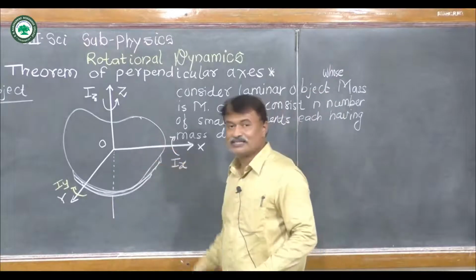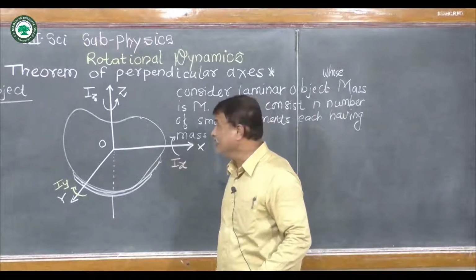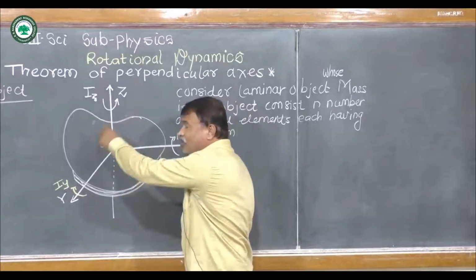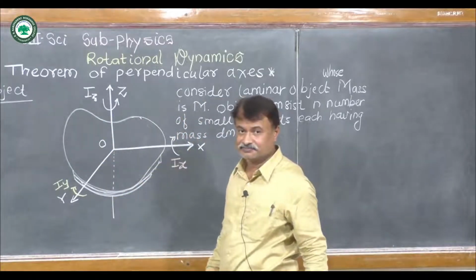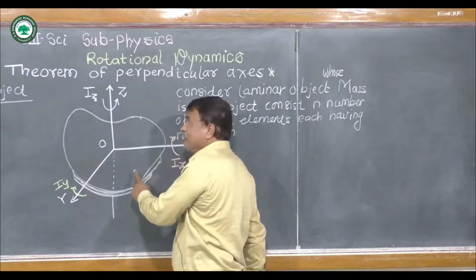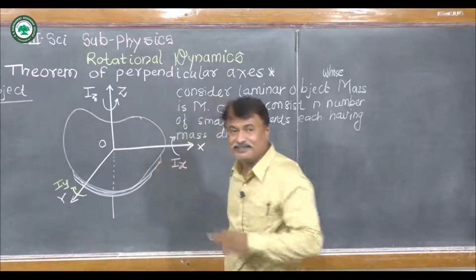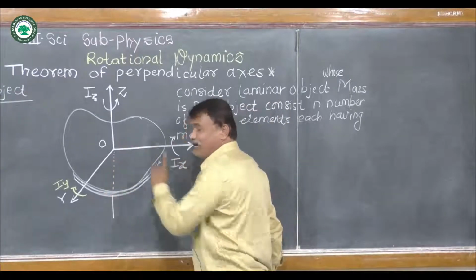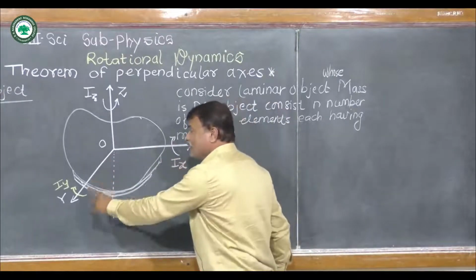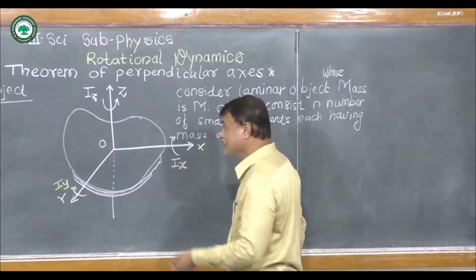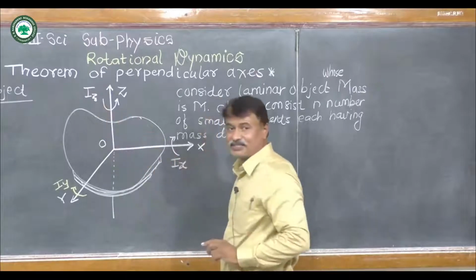Now concentrate on this diagram. Here the z-axis is perpendicular to the plane of the figure, which means the angle between the plane of the figure and the z-axis is 90 degrees. Again there are two axes which lie in the same plane, and they are also mutually perpendicular to each other, the x-axis and y-axis, and they lie along the laminar object.